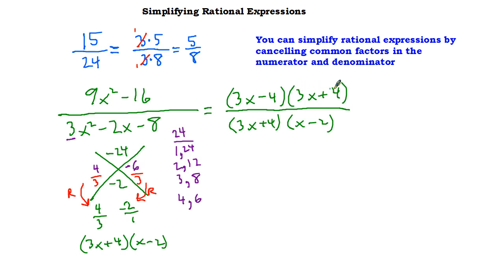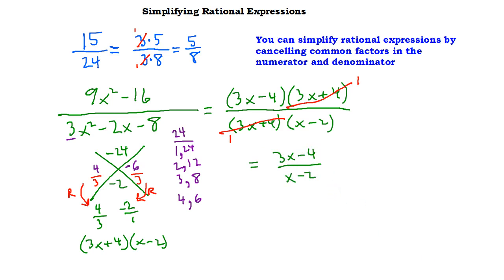And since the numerator is all multiplied and the denominator is all multiplied together, then 3x plus 4 and 3x plus 4 are considered common factors. So we'll go ahead and cancel this with this, and that leaves us with 1 up there, and it leaves us with a 1 down there. And finally, we can rewrite in a much simpler form 3x minus 4 over x minus 2.